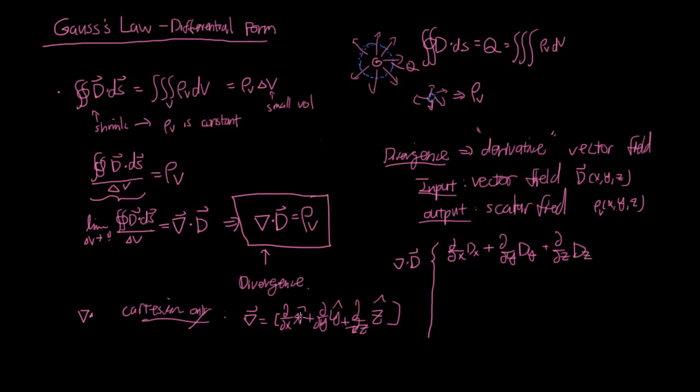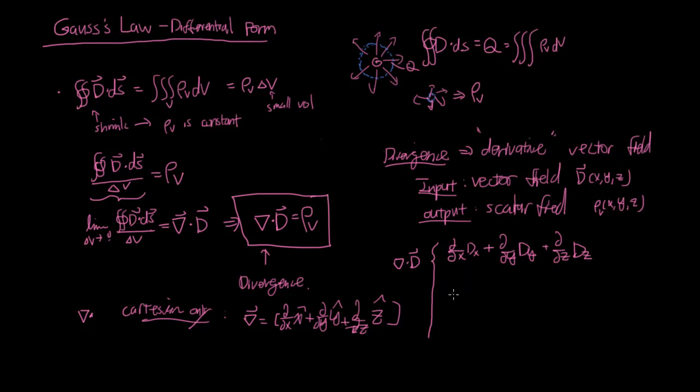When you take the dot product, x hat dot x hat is equal to 1, y hat dot y hat is equal to 1, and z hat dot z hat is equal to 1. That's why there are no x hats, y hats, and z hats here.